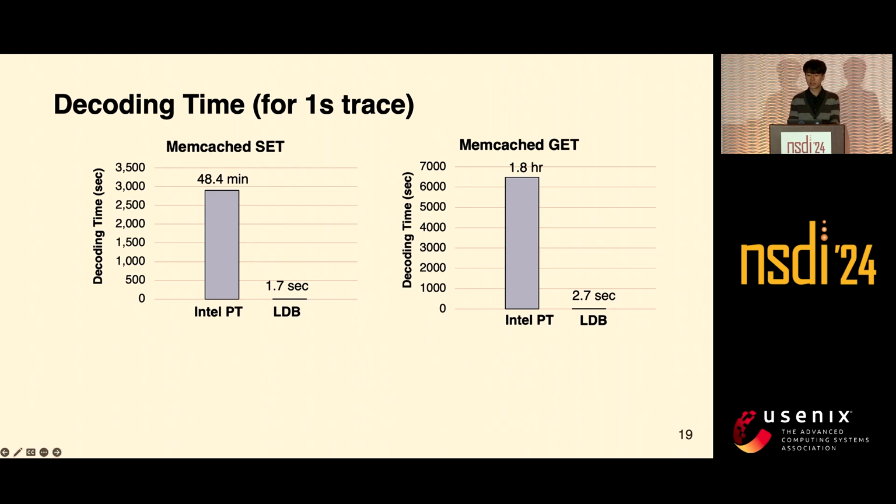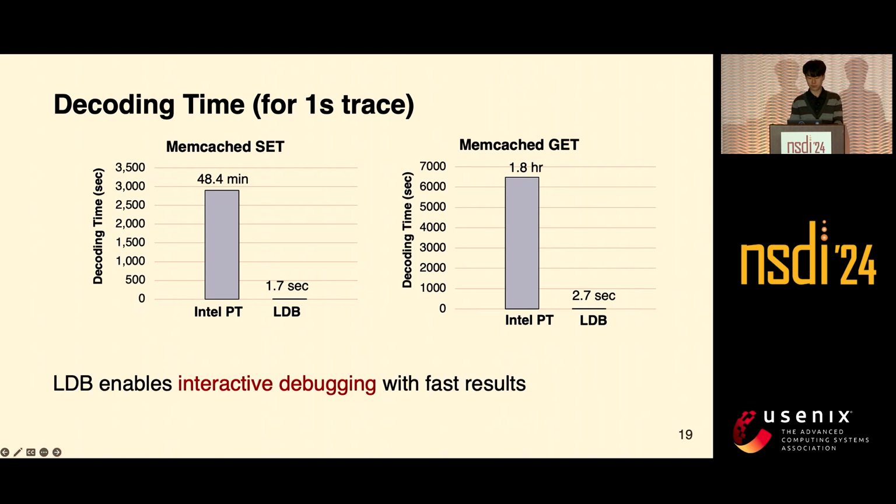Even though Intel PT and LDB have a comparable overhead, Intel PT is not suitable for interactive debugging. Because Intel PT's raw output is branch information, it requires additional decoding to convert that branch information into latency information, which is very slow, taking up to 1.8 hours to decode a 1-second trace in a memcached get workload.